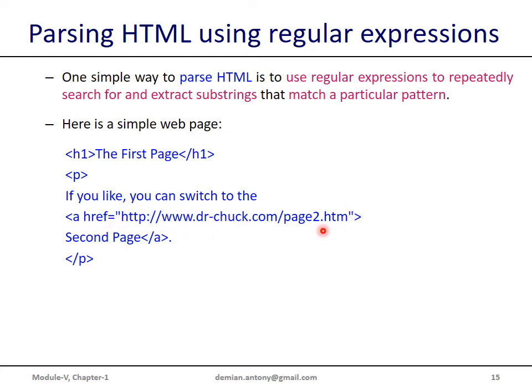We have to write a regular expression to match the href equal, followed by the characters. Once we have a regular expression, we can use the findall method to extract all such links, using the regular expression characters to recognize and extract the useful and interesting information.